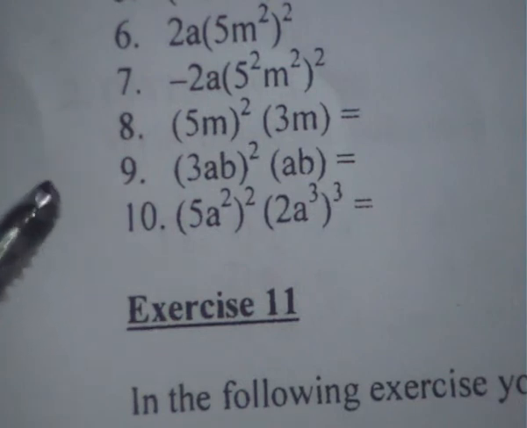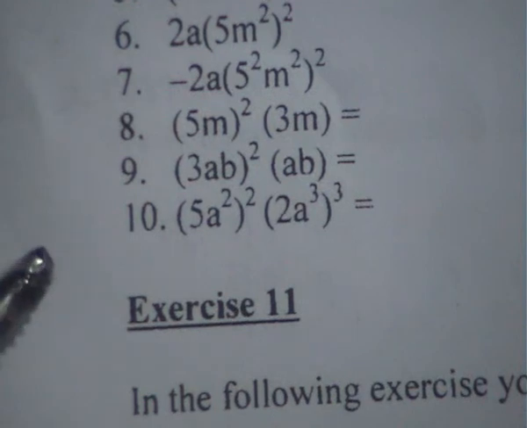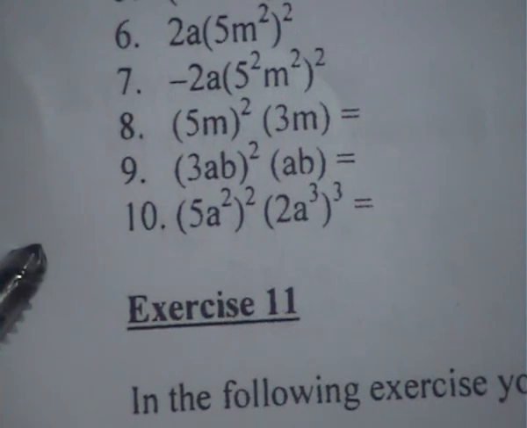Number 9, open bracket, 3ab, close bracket, to the index 2, open bracket, ab, close bracket. Number 10, open bracket, 5a squared, close bracket, to the index 2, open bracket, 2a cubed, close bracket, to the index 3.